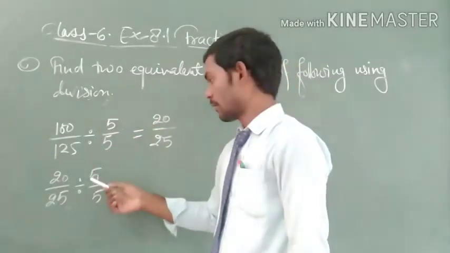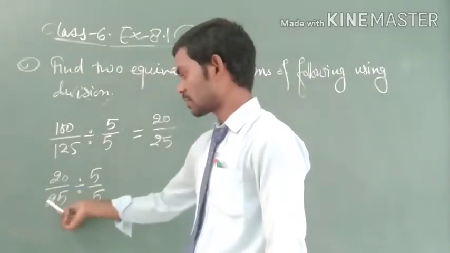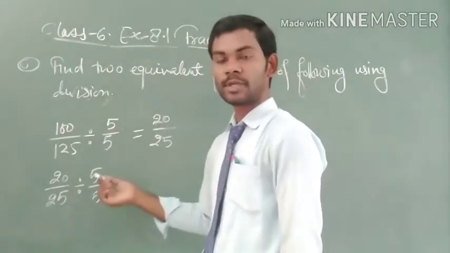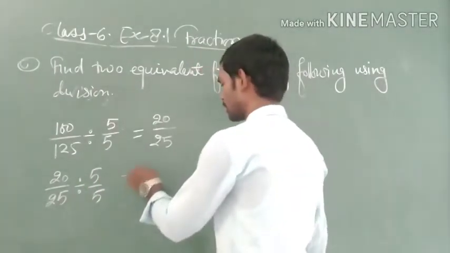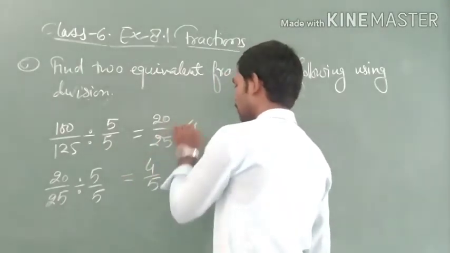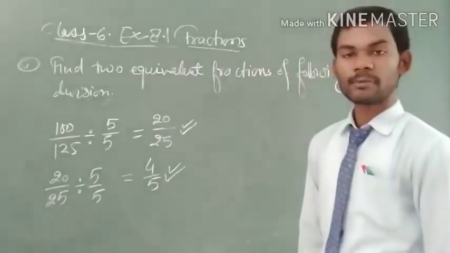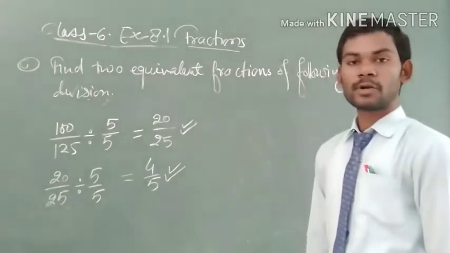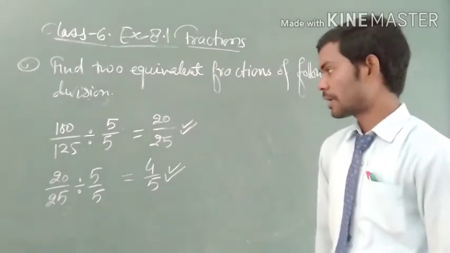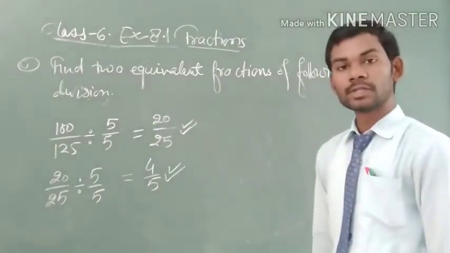In the same way, the denominator of the second fraction is also divisible by 5. That is why we divide by 5 in numerator and denominator, and now we get our required result, 4 upon 5. So we can say that 20 upon 25 and 4 upon 5 are the equivalent fractions of 100 upon 125 that we have obtained using division.